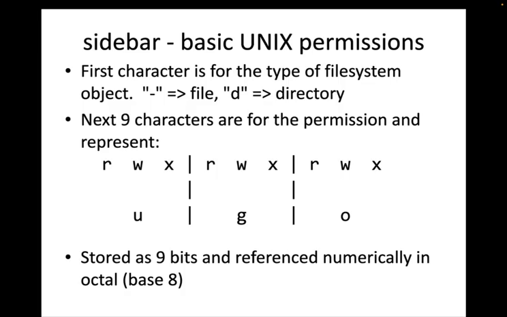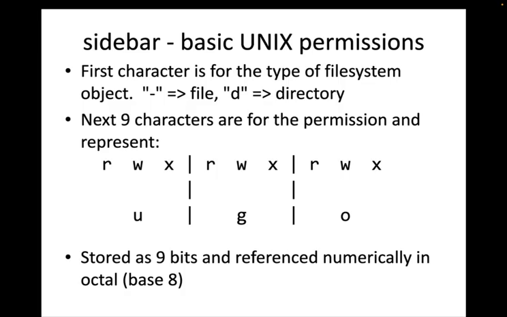Like I said, they're actually stored as 9 bits, not the 9 characters. And the presence of the bit means you have that permission. A 0 bit means that you do not. And when we refer to these permissions, we take each set of 3 binary bits and we represent it in octal, which is base 8.